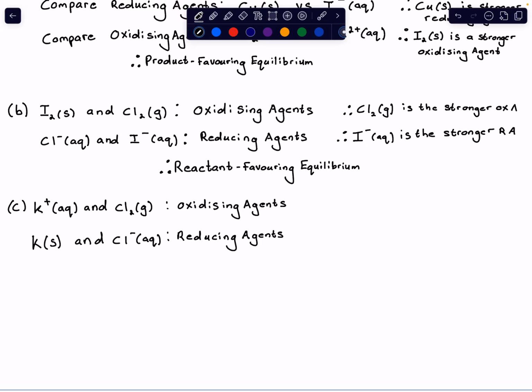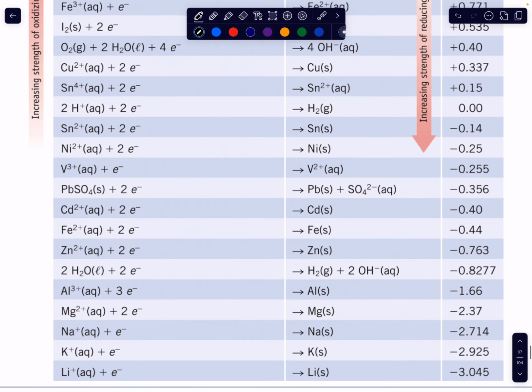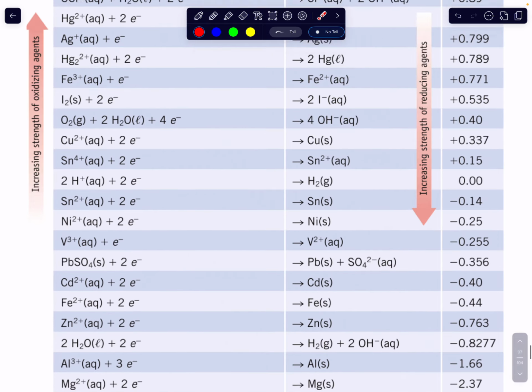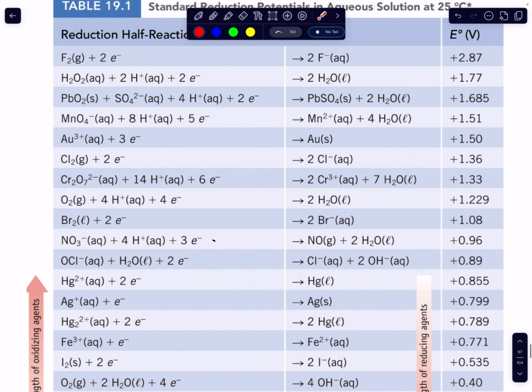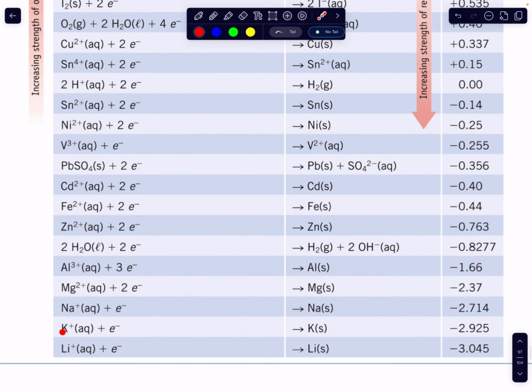Alright, so let's compare our oxidizing agents. So K+ and Cl2, sorry, is what we're comparing. If you look at where potassium lies in this table, well, potassium is way here at the bottom. So Cl2 is much higher than K+, and that makes a lot of sense, right?